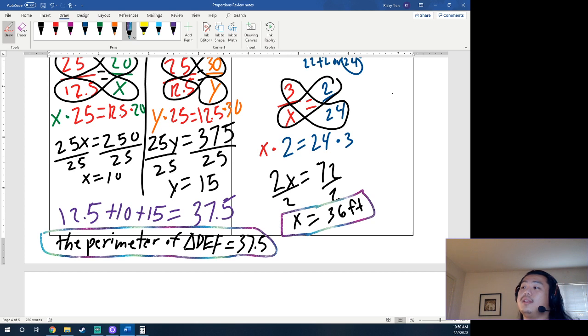Zoom is a video chatting app slash service. And it's basically so that you can come and check in with me if you need help. This is what I use for my class meetings, or basically like face to face.